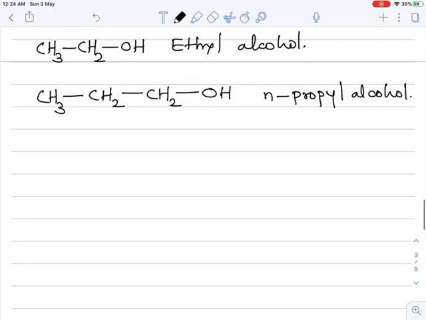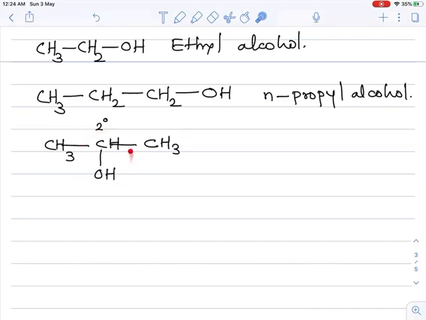Now if we take a 3 carbon containing alcohol, but the OH group is attached to the secondary carbon atom. Now complete the valency of all the carbons by hydrogen, we will get its structural formula. So on this secondary carbon atom the OH group is attached.